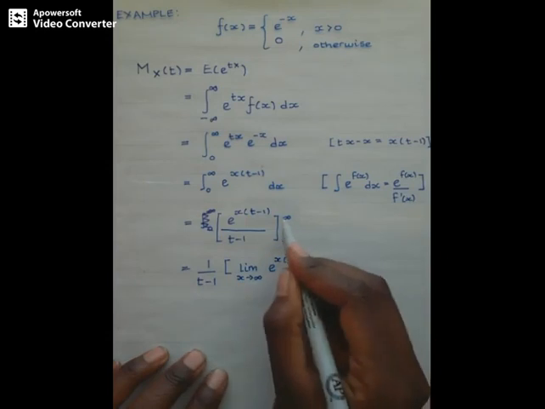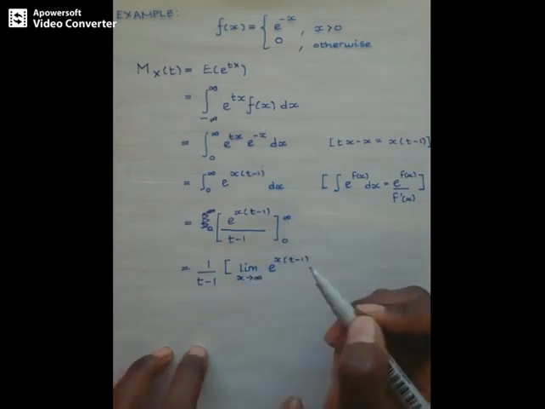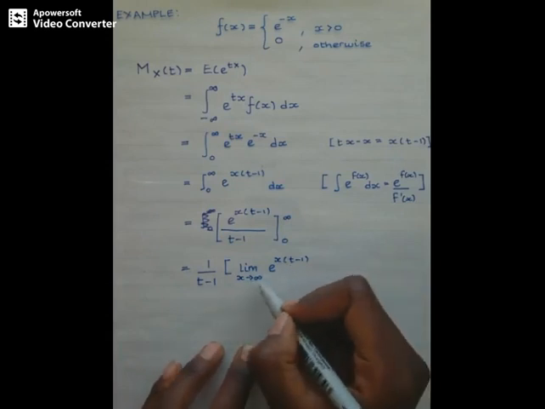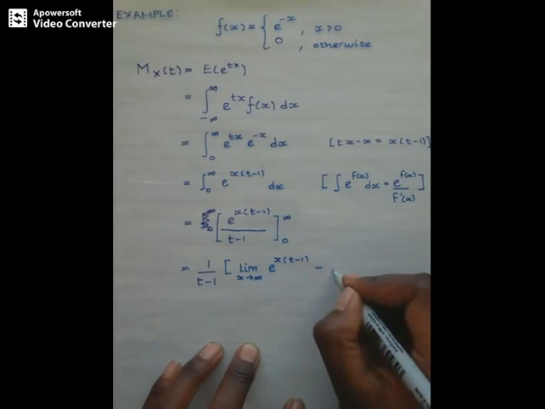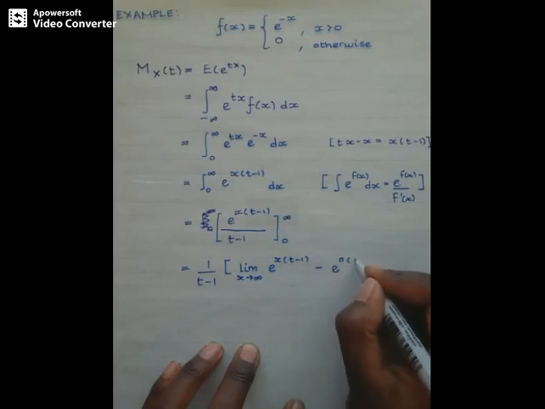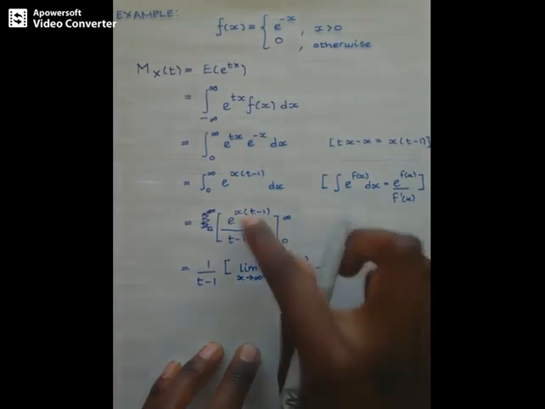Because it's not a specific value, you can't just put it in. So we're writing it this way so that it's correct mathematically. You say the limit as x approaches infinity, minus, here we have a specific value, so it's e to the power of 0 times t minus 1.